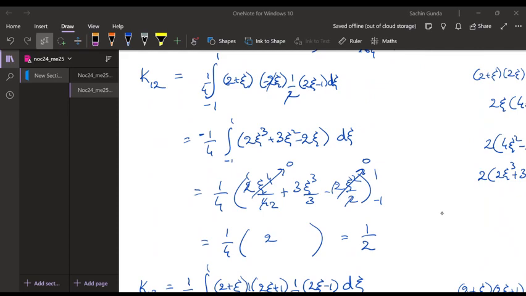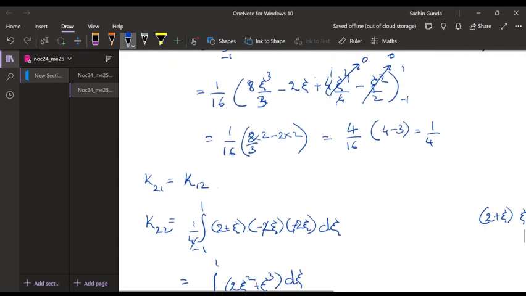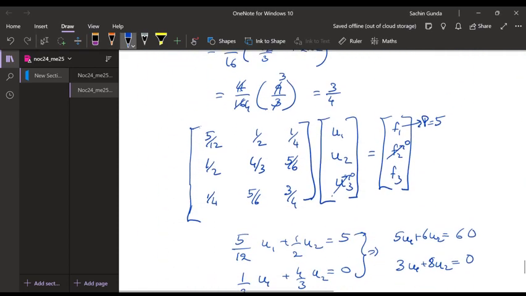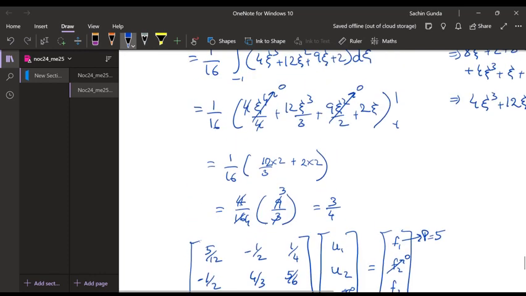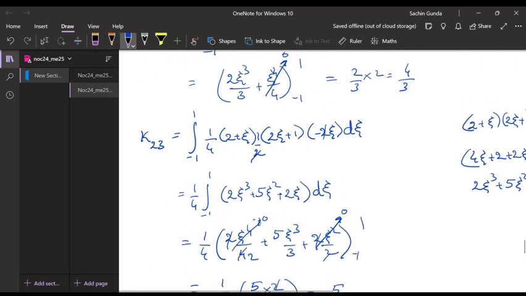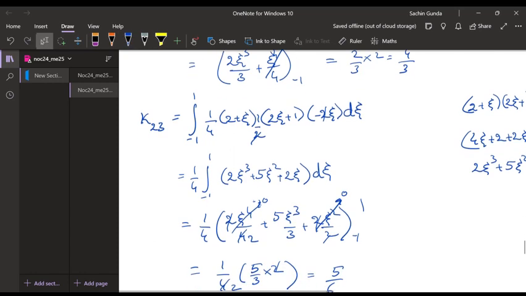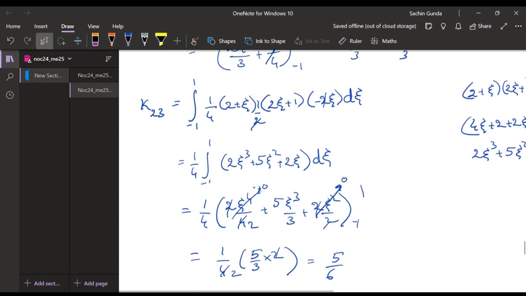There is a minus here, and also a minus here.